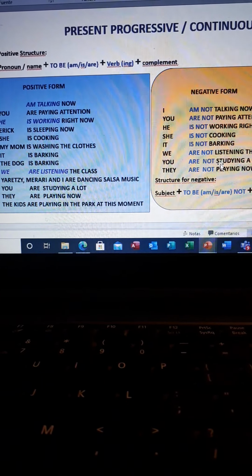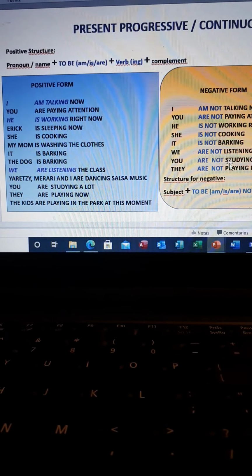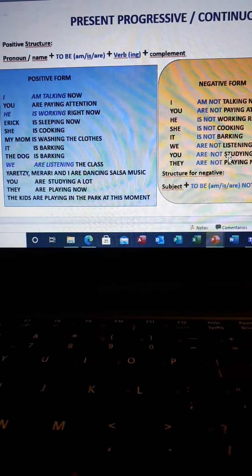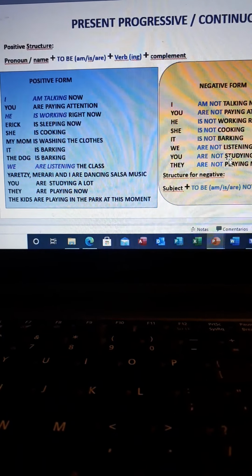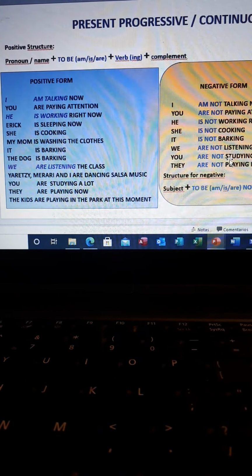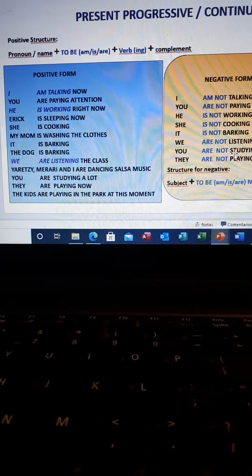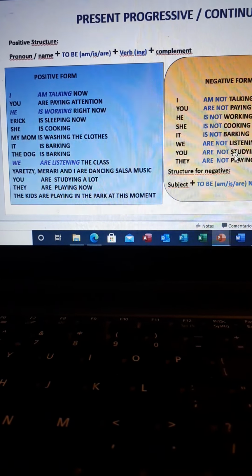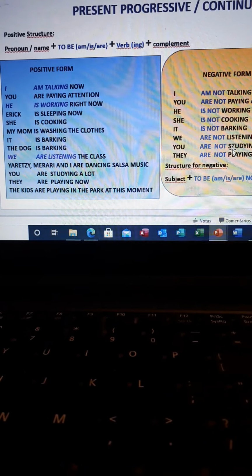Now, the structure is the pronoun or name, or the subject. You can say you or he, or you can speak about Angel or Susanna, or you can speak about the professors, etc. So pronoun, name, or subject.